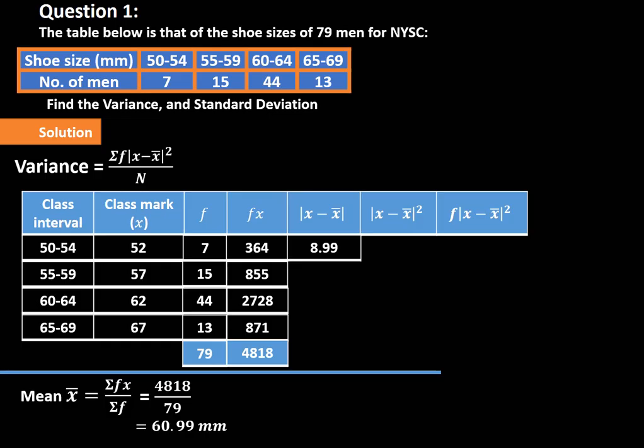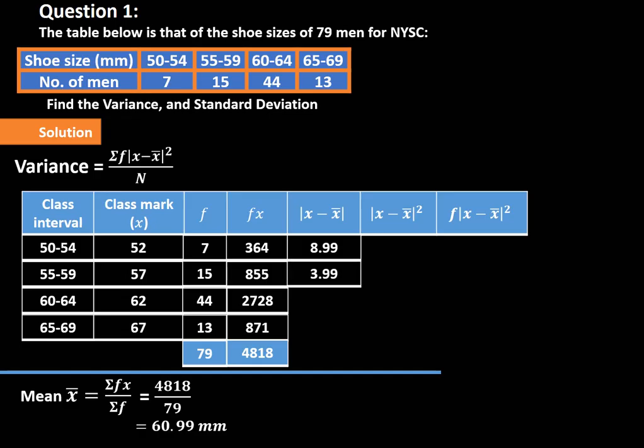I don't want to waste a lot of time on it. So you can pick up your calculator and do the calculation and see for yourself that 52 minus 60.99 is negative 8.99. So I need the absolute value. I'm going to neglect the negative.